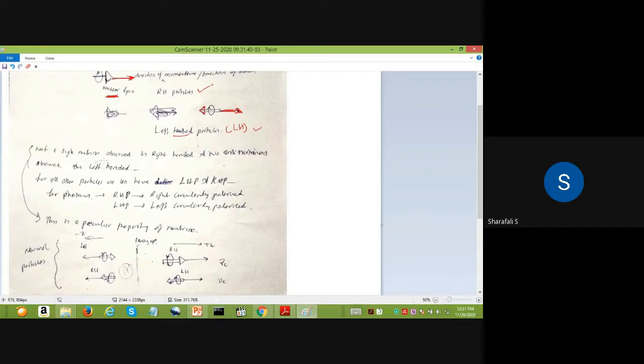When we observe neutrinos and antineutrinos, we never observe any neutrino experimentally as a right-handed particle. Similarly, there is no antineutrino which is left-handed. So neutrinos are always left-handed.